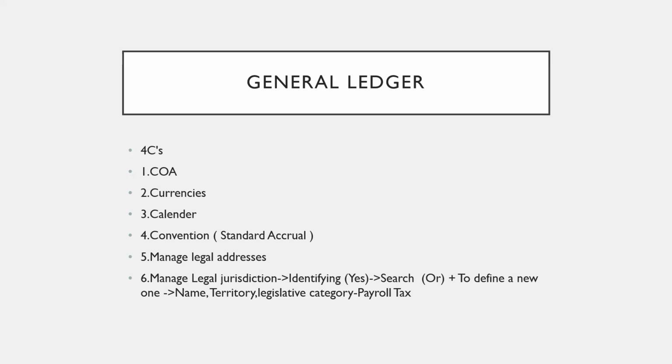So whatever differences are there, this 2,000 you will book in general ledger and you will reverse it on February 1st. On 31st January, 1 lakh will be booked.